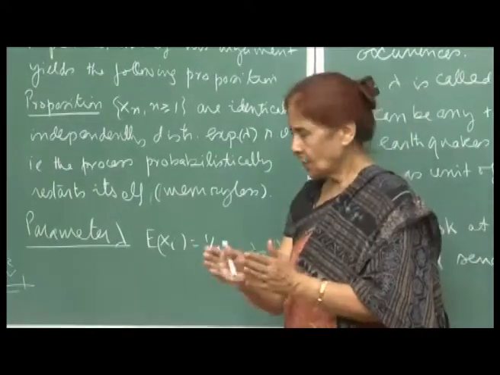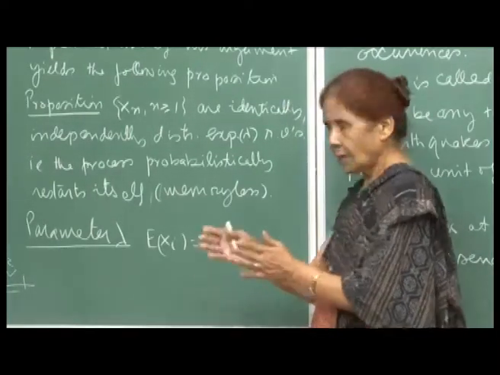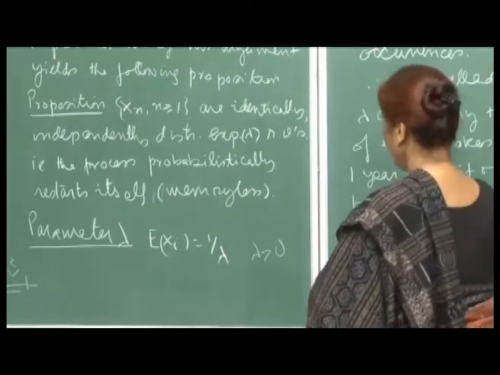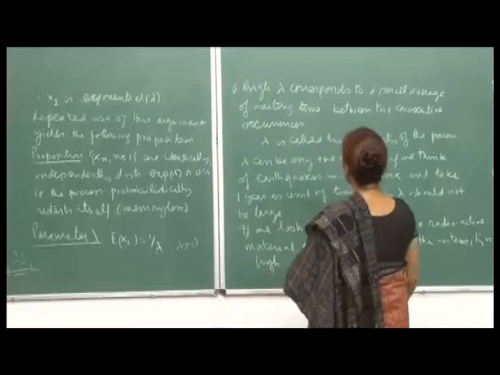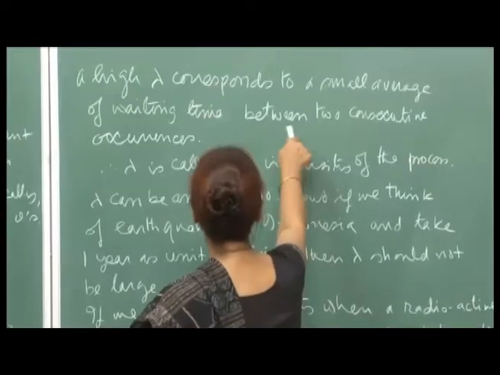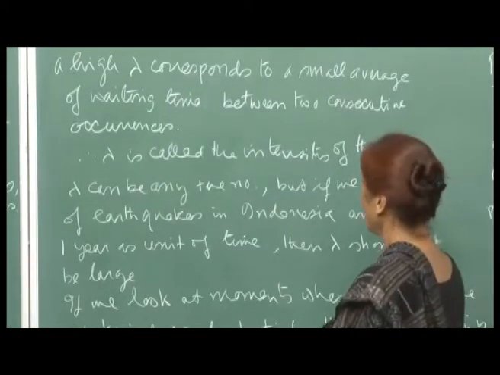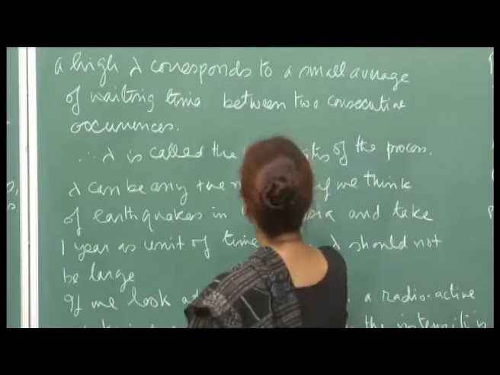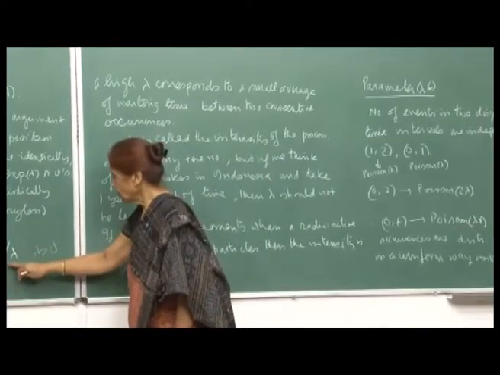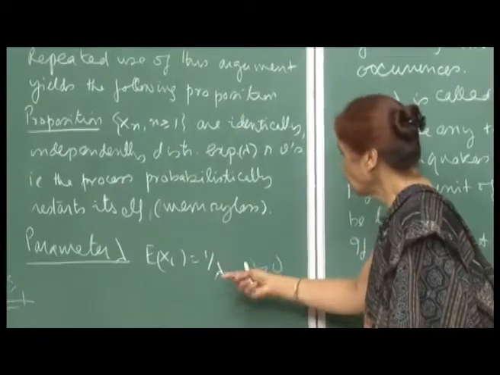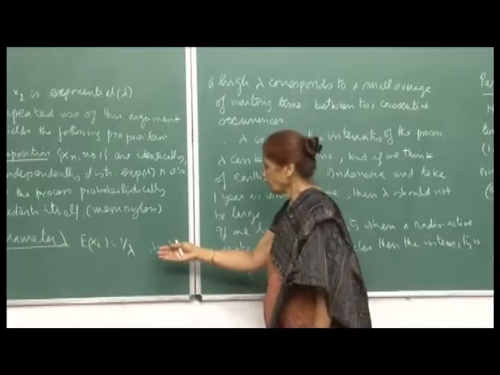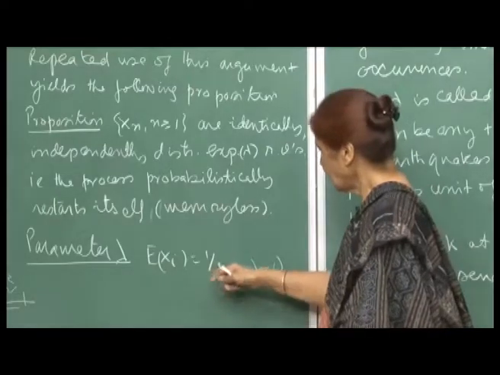So, if the average is small, then the arrivals will be occurring in small intervals, because the expected value is small. When lambda is high, it corresponds to a small average waiting time between two consecutive occurrences. So, when lambda has a large value, the corresponding expected value will be a small number, and that would mean that the inter-arrival times are smaller, in the sense that the average is small.